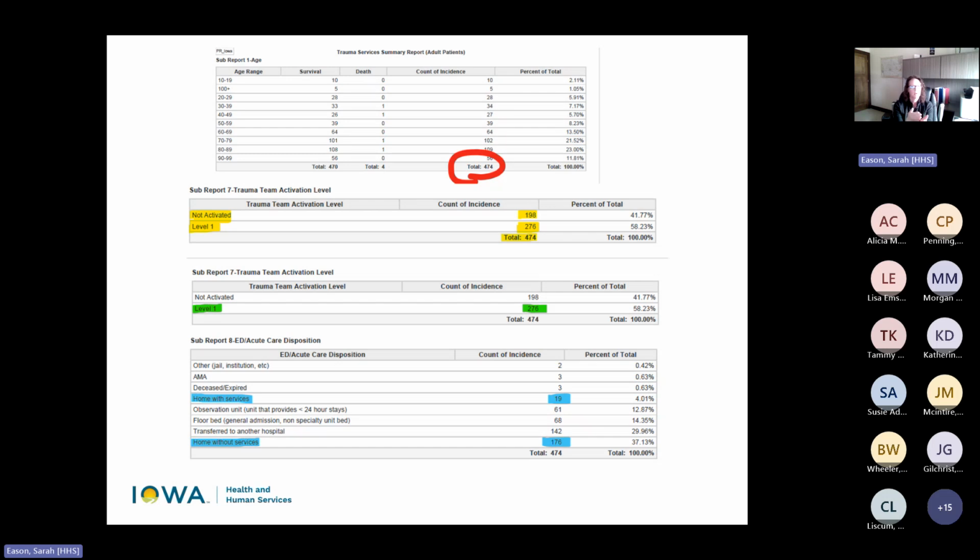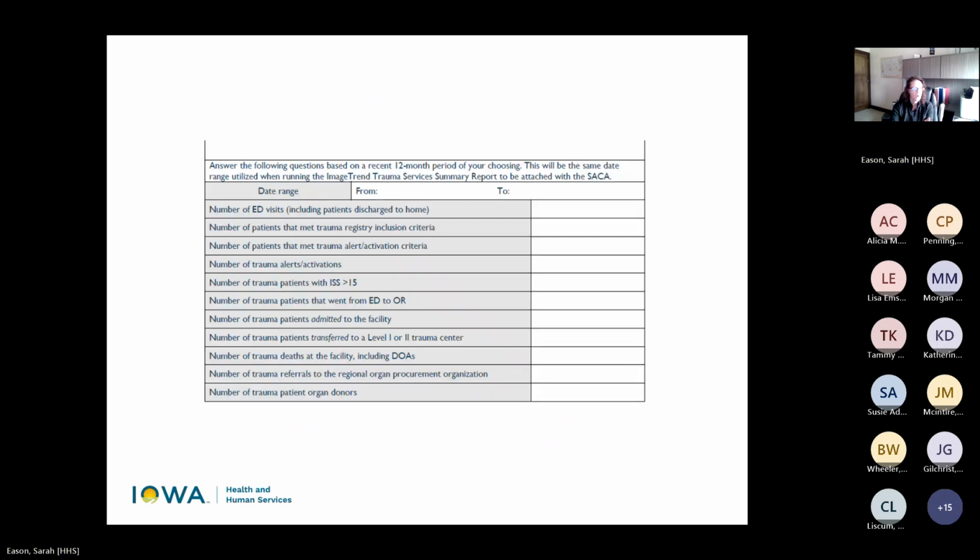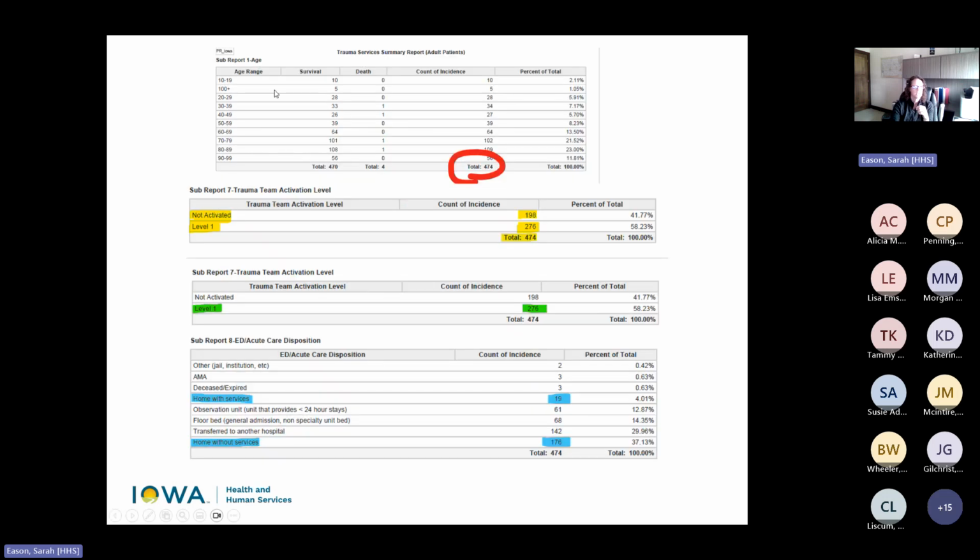So if I'm truly looking to see what met alert and activation criteria, that is very site specific to your trauma alert or activation criteria. So I do need to look at all 447 or 474 of these patients.